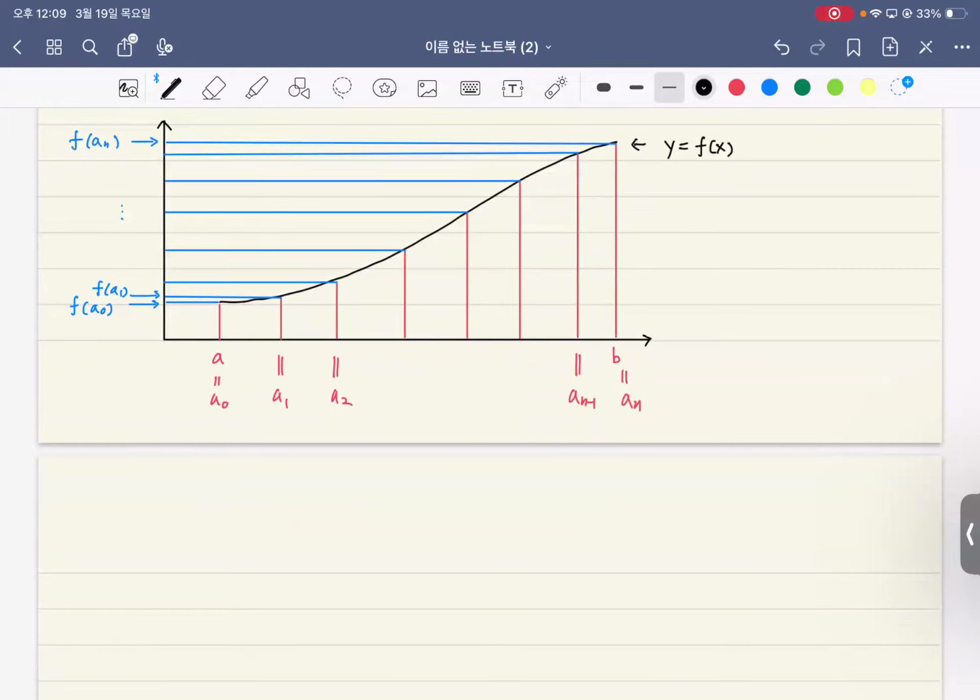So this gives us, f(A0) to f(An) gives us the subdivision of the interval [f(a), f(b)]. Divide the whole interval [f(a), f(b)] into n subintervals.